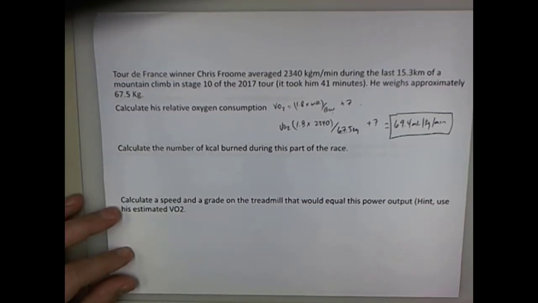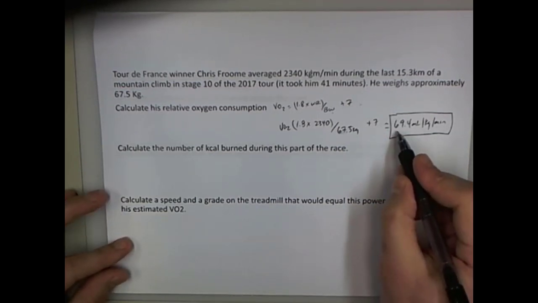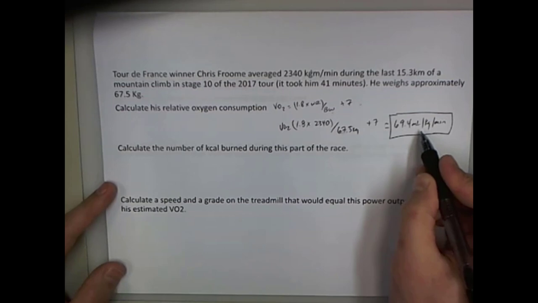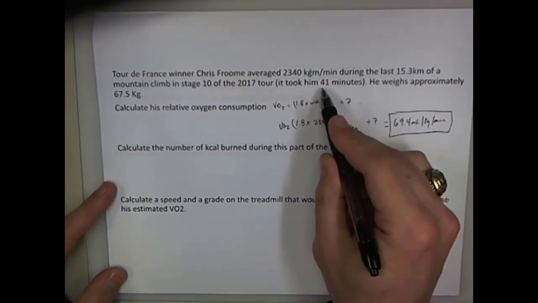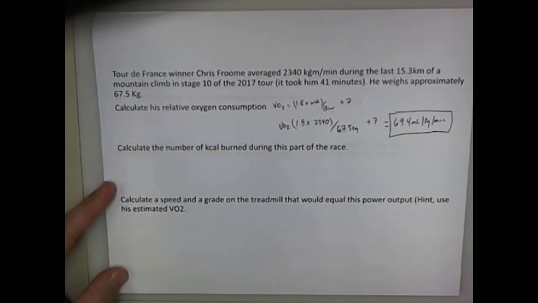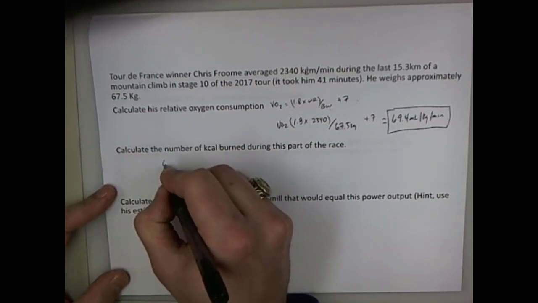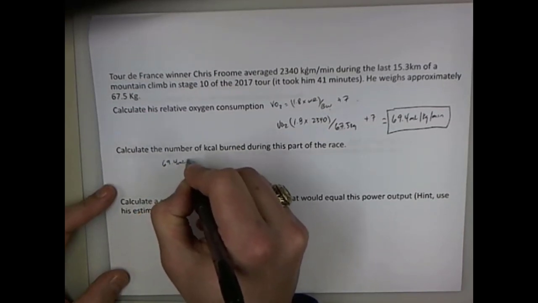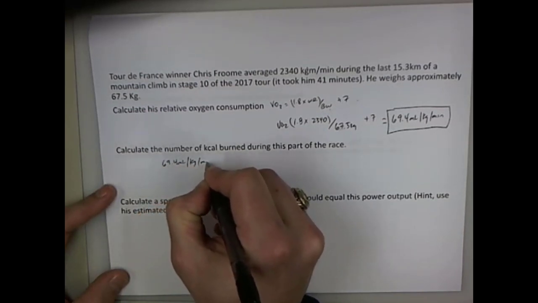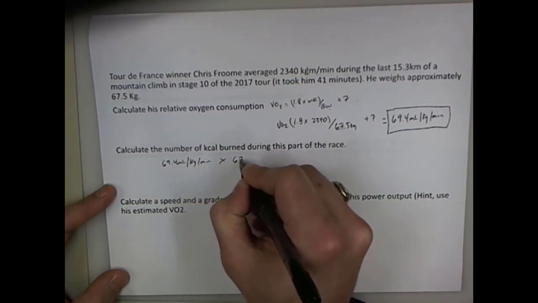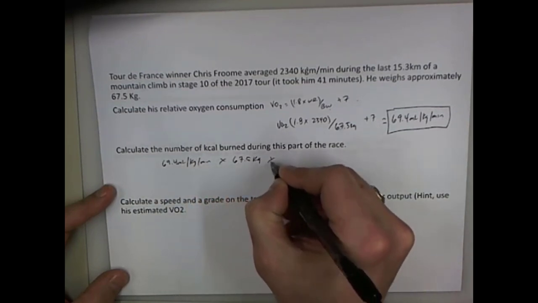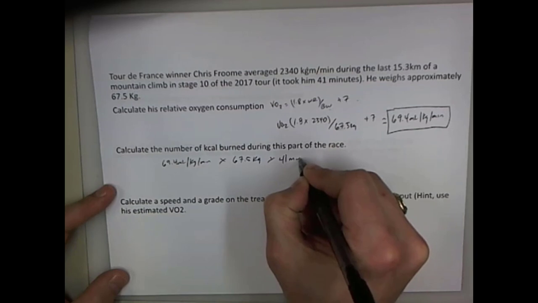Calculate the total number of kcals burned during this part of the race. Similar to our previous example, we're going to walk through this assuming that this was his average VO2. We have our time, we have our body weight, and so we can calculate that out. So again, 69.4 mils kg per minute times 67.5 kilograms times 41 minutes.